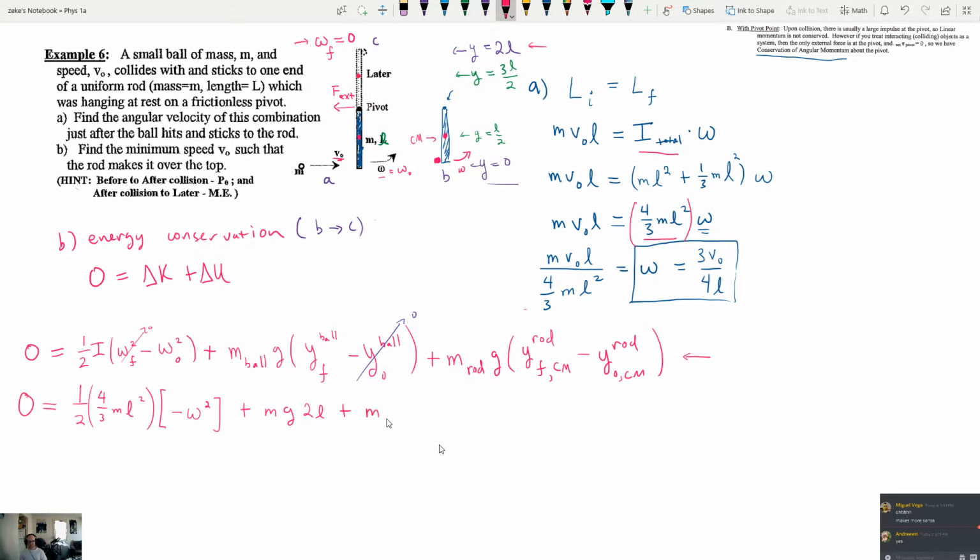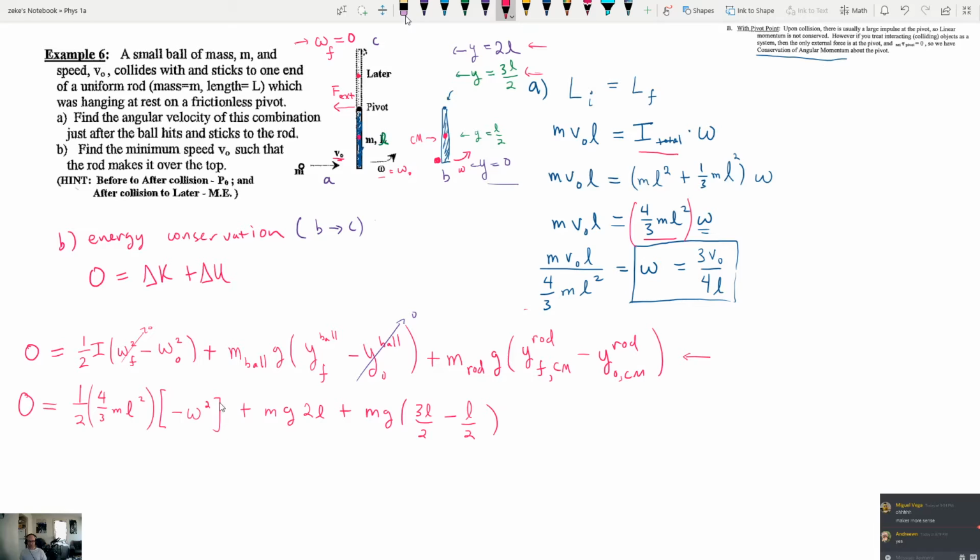So m for the rod, g, and then the final position of the center of mass of the rod is going to be this, 3L over 2, minus the initial coordinate of the center of mass of the rod, which was L over 2. And we basically just need to use this equation to find what omega is equal to. Well, we're going to find v naught. That's going to require one more step, though.